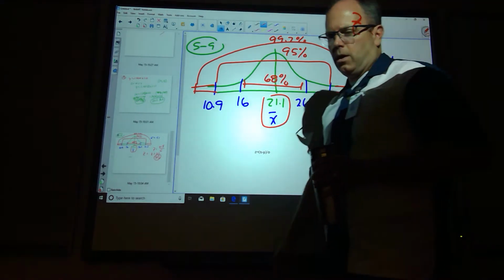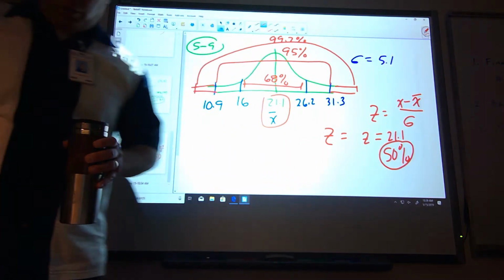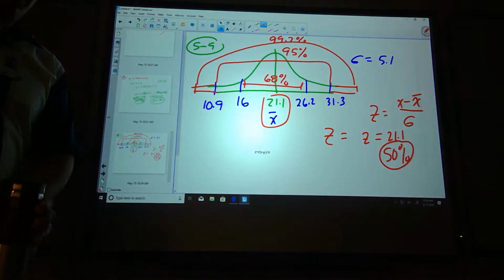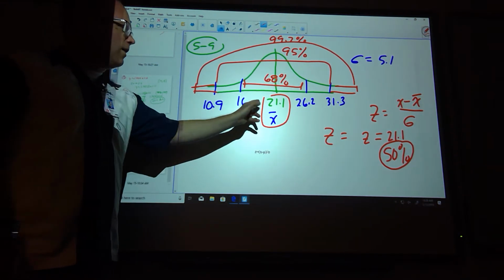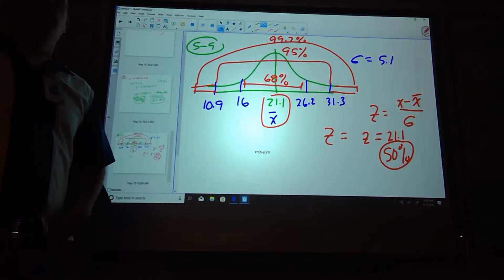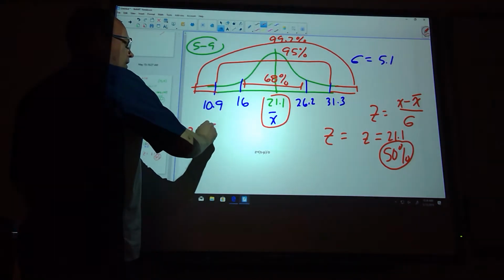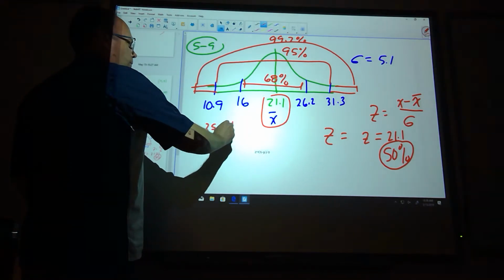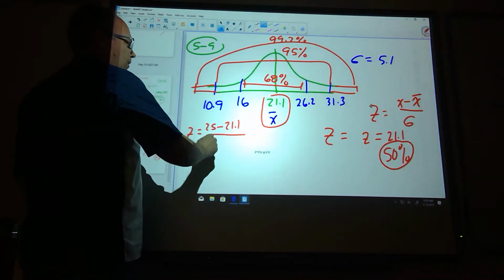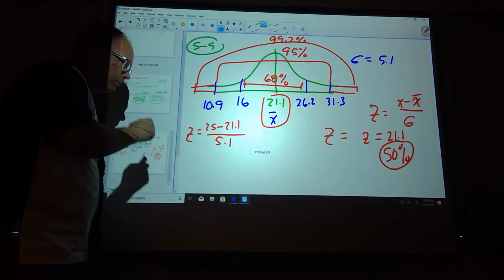All right, what percent of students scored below a 25? Okay, do I have a 25 as one of my markers? No, so then I have to find the z-score of that. So z equals 25 minus my average, 21.1, over my standard deviation, which is 5.1.